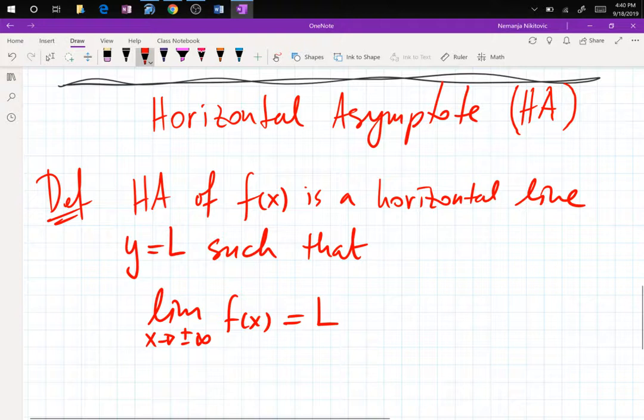So the first case that we had, right, out of the three possibilities you can get as the answer, if you have a finite number, it is going to be a horizontal asymptote for that problem.